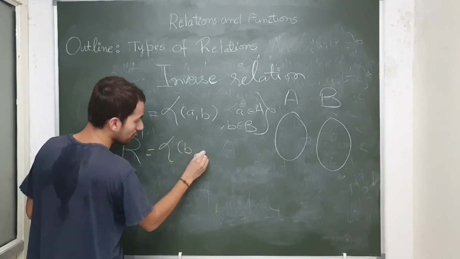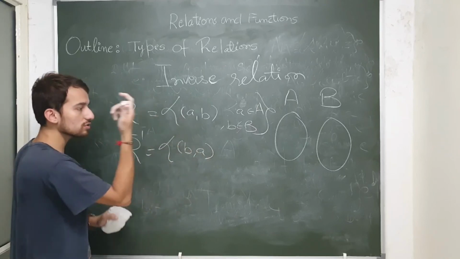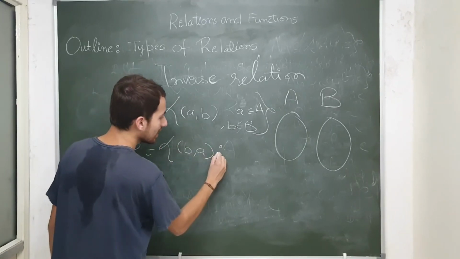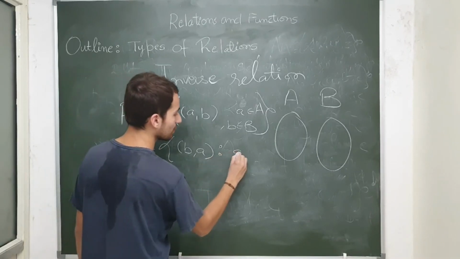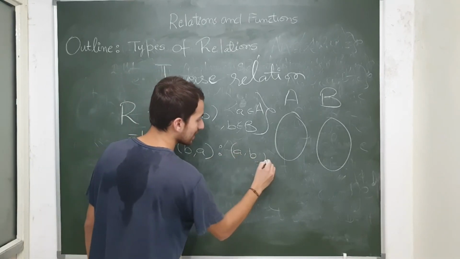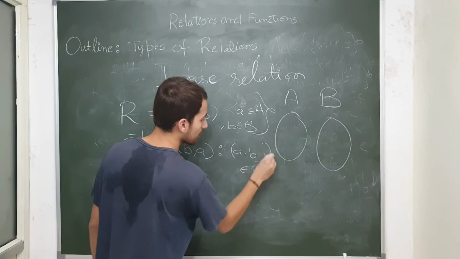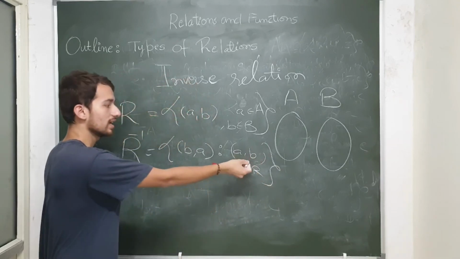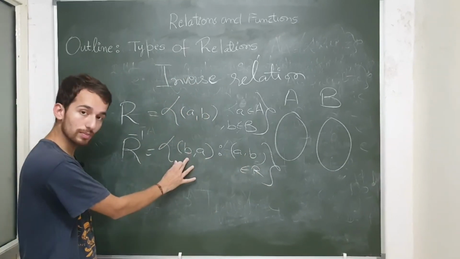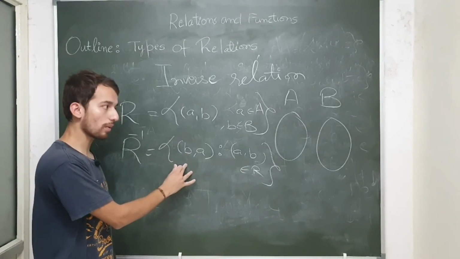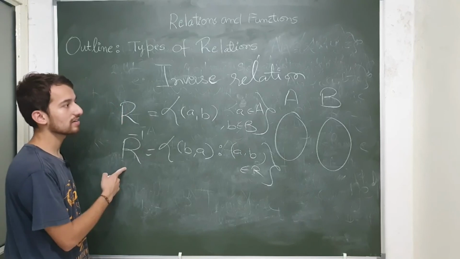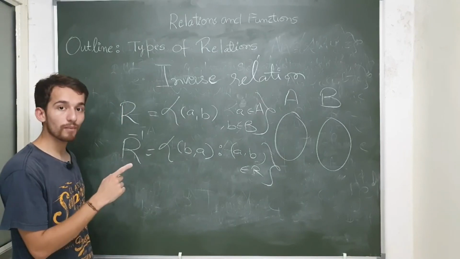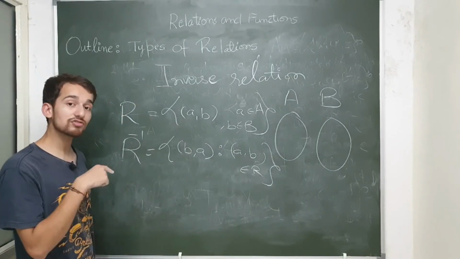It will be the collection of all those (b, a), reversing all the ordered pairs, such that (a, b) belongs to R. Collecting all these ordered pairs, we give this collection the name R inverse, which is a relation now from B to A. Why is it from B to A?